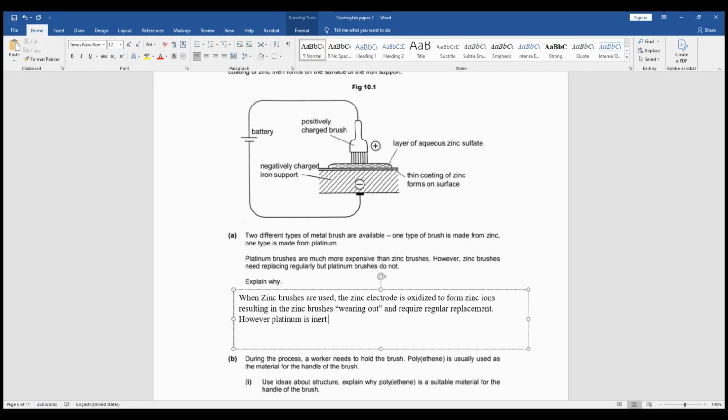It is an inert electrode and thus will not react and can last much longer. Okay.